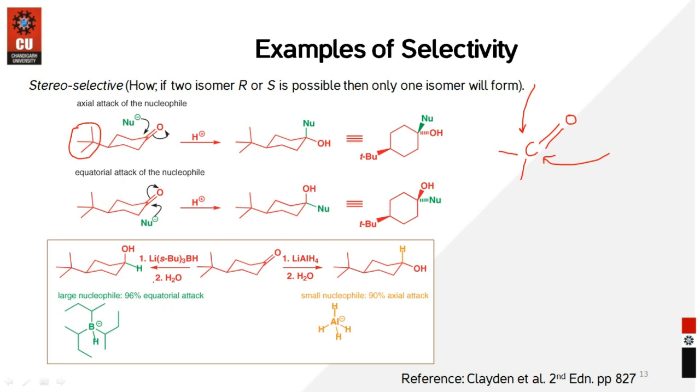The second way to achieve a highly stereoselective reaction is to use a bigger reagent. If your reagent is big, it will always attack from the less hindered side, and there are more chances of getting a single product.